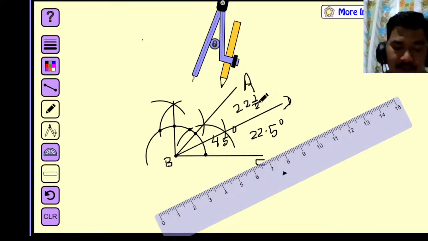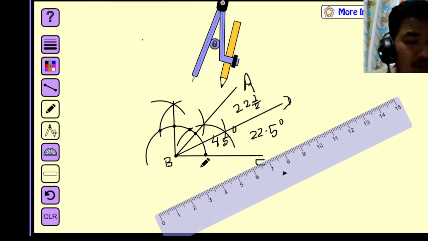If we add them, it will come 22.5, okay? Add this 22.5 into 2 also we can do. Yeah, it is 45, that half is 22.5.